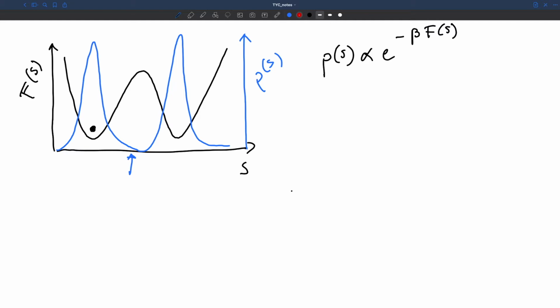Well, an initial guess could be that we may be interested in sampling a constant probability density, a probability density that does not depend on s. So essentially, imagine we can sample every configuration, irrespective of its free energy, with a constant probability.